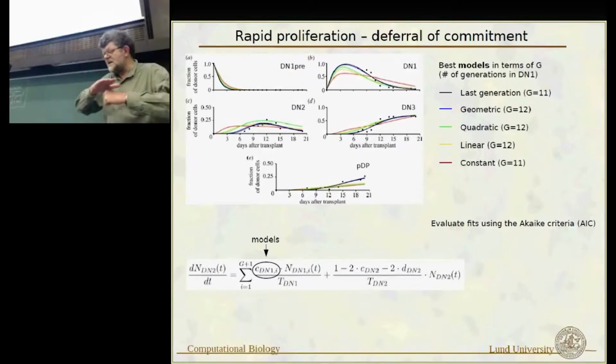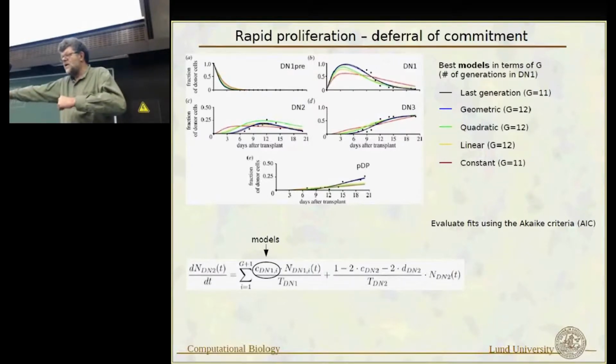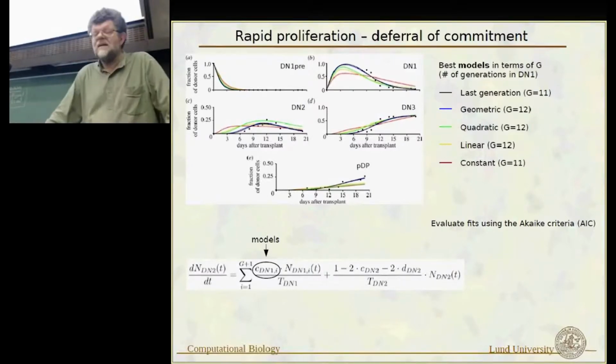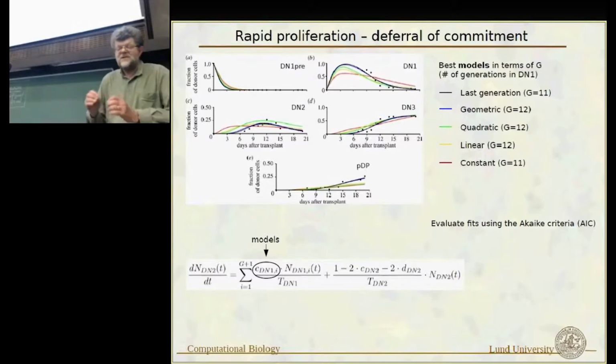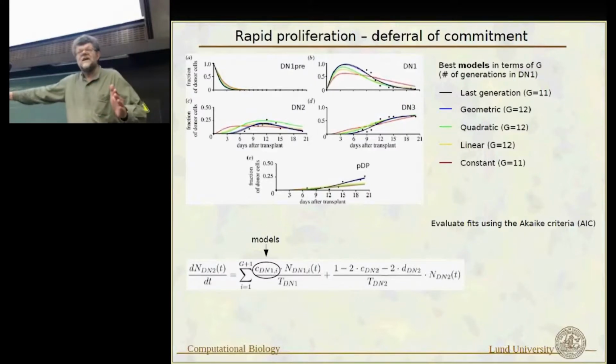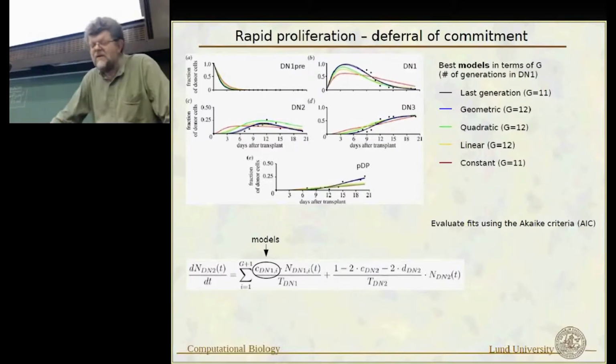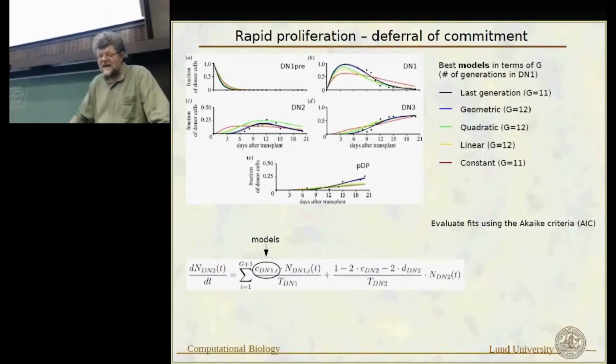So there's a constant probability for each generation to fit the data best. Now, in parentheses, we have checked the constant probability for all possible numbers of generations within reason, and the best fit for a constant is with G = 11.